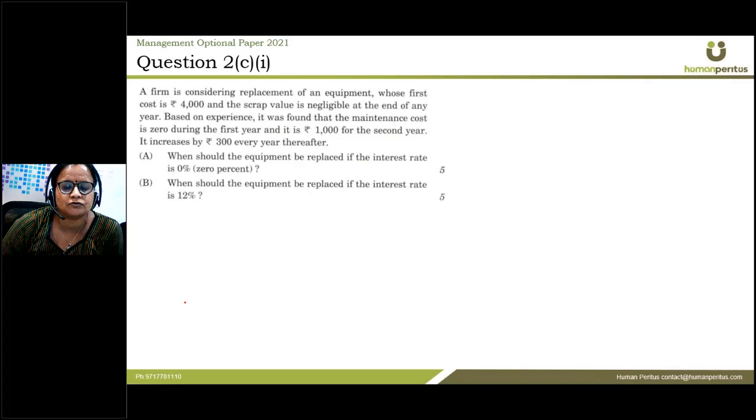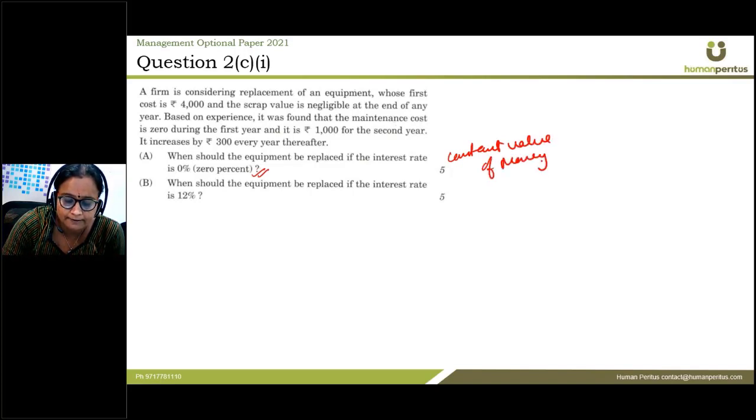So basically this question is all about two replacement models where there is a need of replacing the equipment that deteriorates with time. In the first part, where it is mentioned that the rate of interest is 0, it is highlighting the fact that the value of money is not getting changed; it is constant with time.